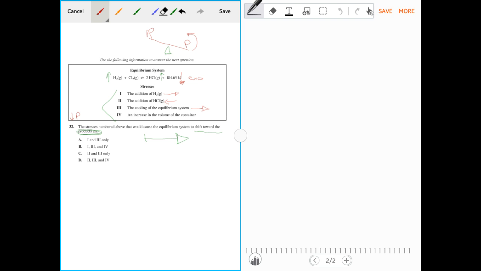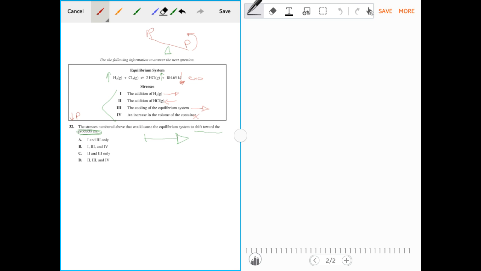Okay, when we decrease pressure, we shift to the side with a larger chemical amount. Well, we have 2 moles and 2 moles, so really an increase in volume will not change our shift in equilibrium because there's 2 moles on either side, which means that it doesn't affect the equilibrium, because if you were to increase or decrease pressure, it really doesn't change or shift the equilibrium in any way, because there's 2 moles on each side.